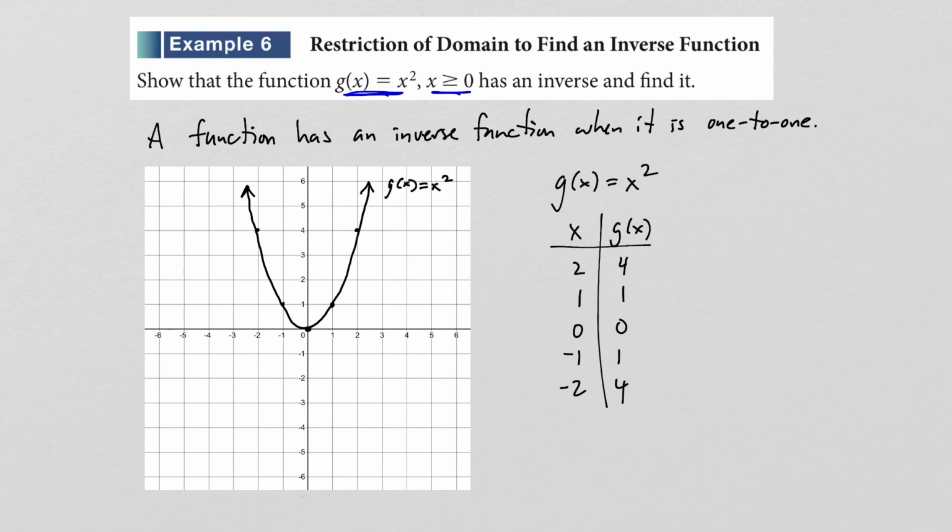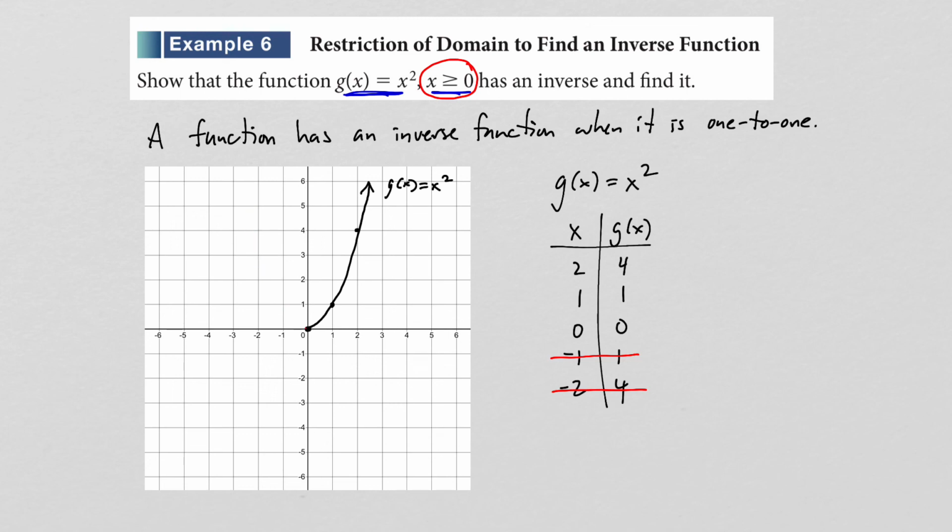Now, that function is not one-to-one. So g of x equals x squared does not have an inverse because you can see here when you draw a horizontal line, you're going to hit the function twice. But remember, they told us x must be greater than or equal to 0. When they say x must be greater than or equal to 0, it means that we are not allowed to plug negative numbers into our function. And what that does is it erases the left-hand side of the graph.